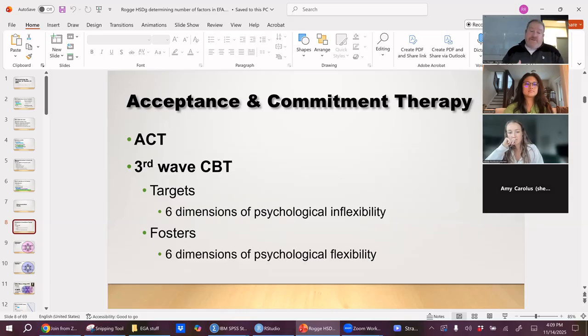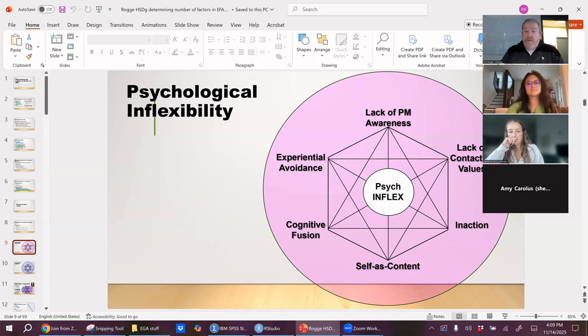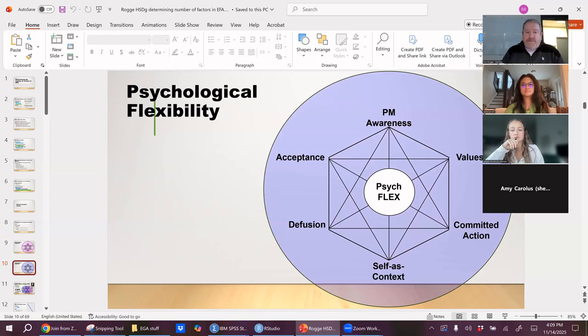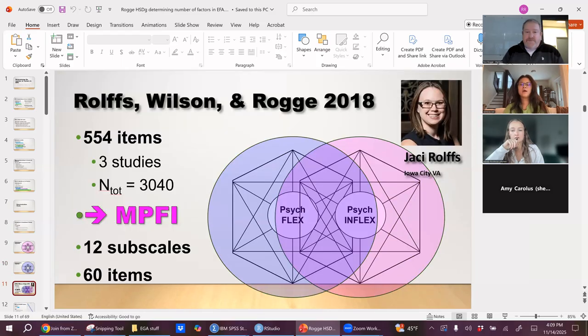And they try to foster 6 corresponding dimensions of psychological flexibility. I'm not going to go into all of these, but these are the 6 dimensions of inflexibility. These are the 6 dimensions of flexibility.